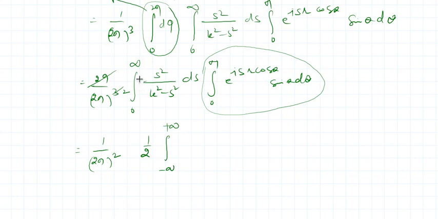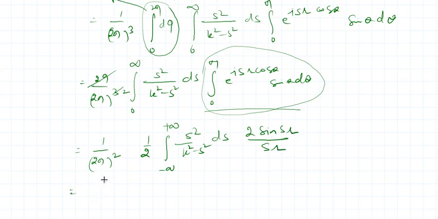I have converted the limit 0 to infinity into minus infinity to infinity and put the factor 1 by 2 here, of s square over k square minus s square ds, and the value of the theta integral comes out to be 2 sine sr over sr, right?